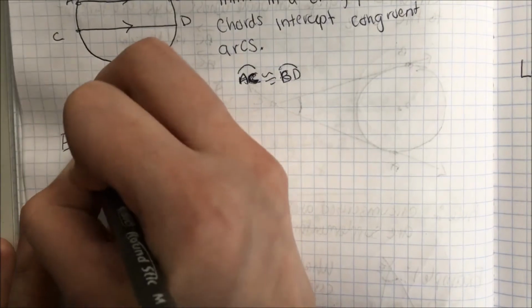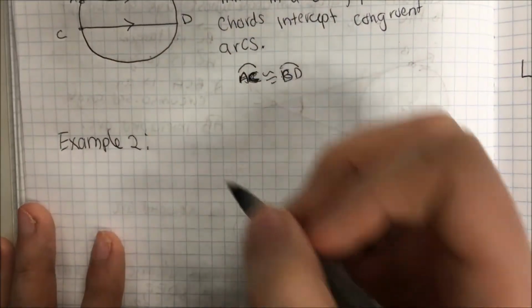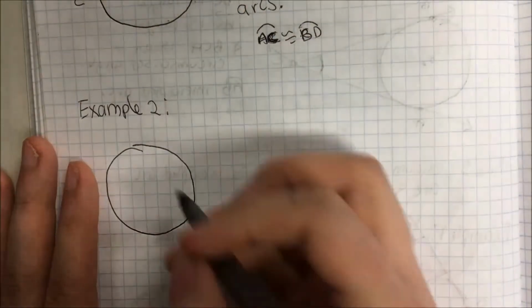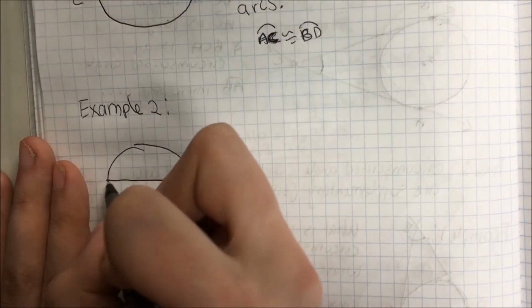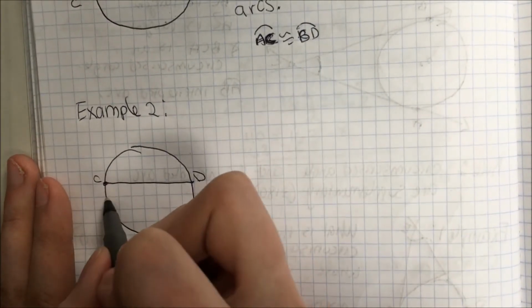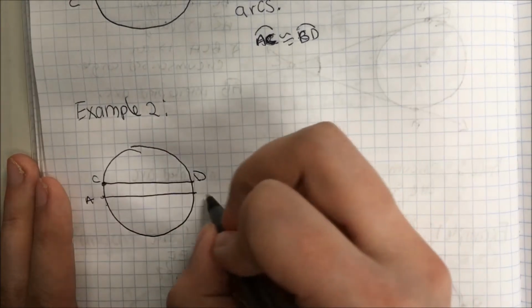So if you look at an example, we have a circle with chord CD and chord AB.